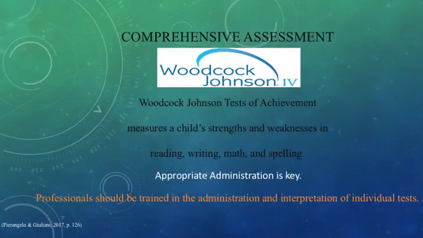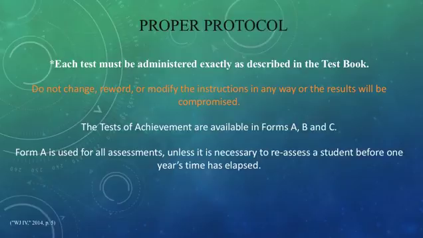With training, most teachers can administer academic achievement tests. When they do, they must carefully follow administration guidelines. Each test must be administered exactly as described in the test book. Do not change, reword, or modify the instructions in any way, or the results will be compromised.